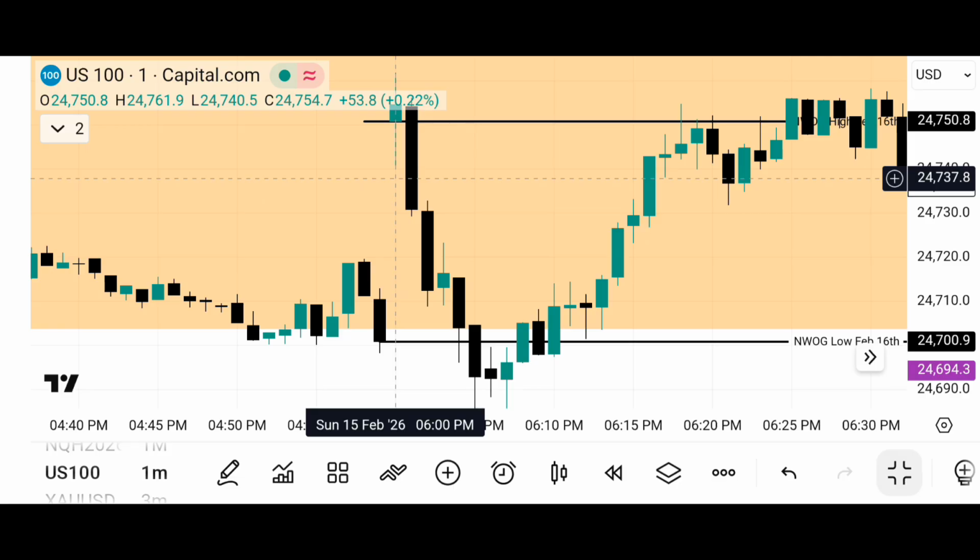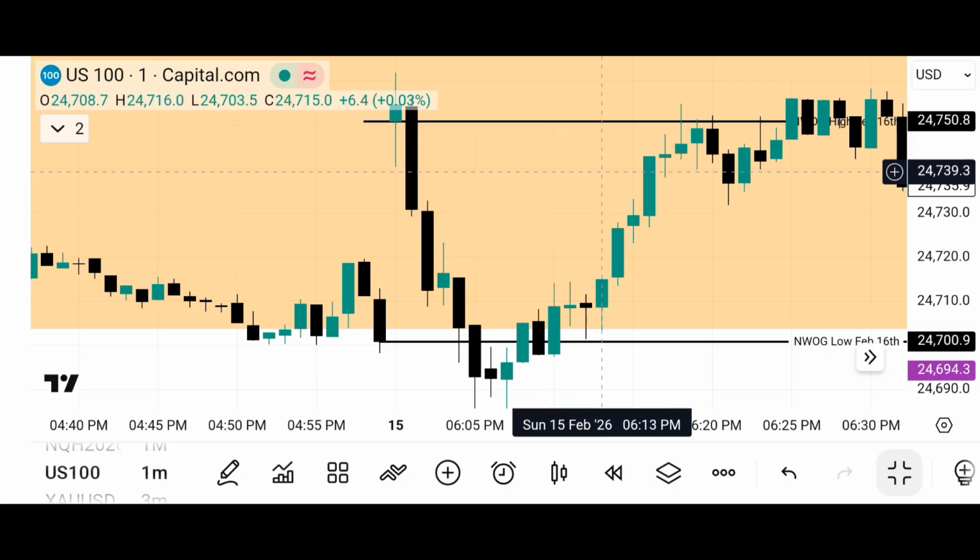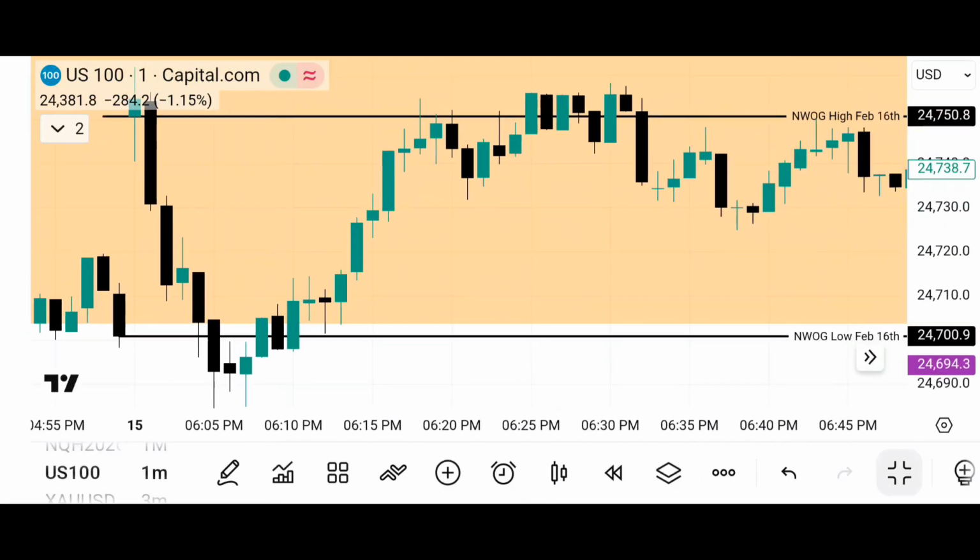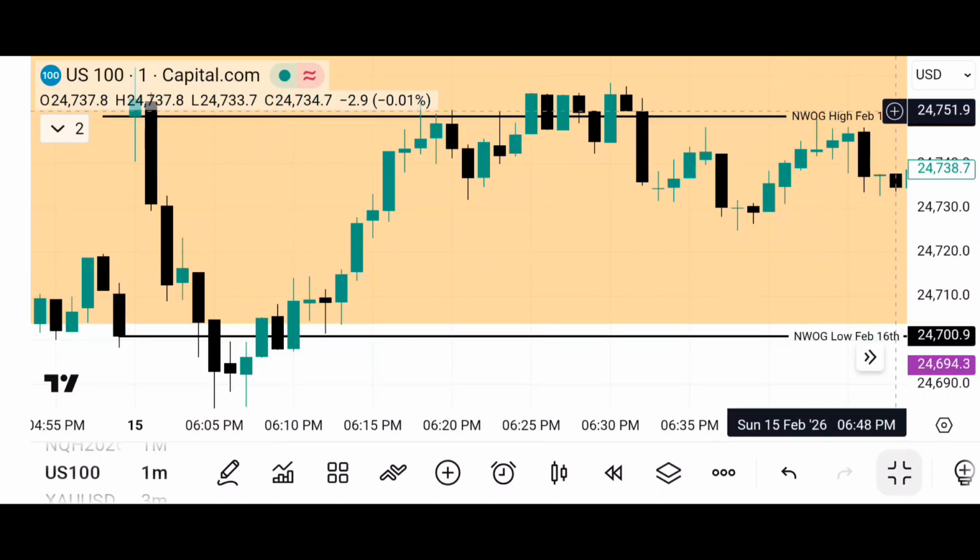Every week there is always a new week open gap being formed after the market closes and reopens on Sunday. Now, after the market opens, the following trading day is Monday, right? And Monday is 16th. That's why my new week open gap is tagged new week open gap February 16th.